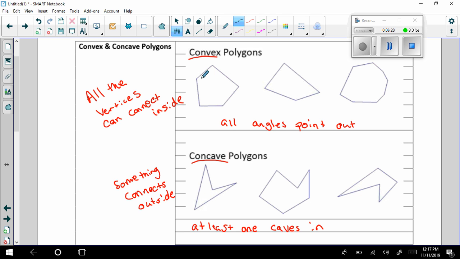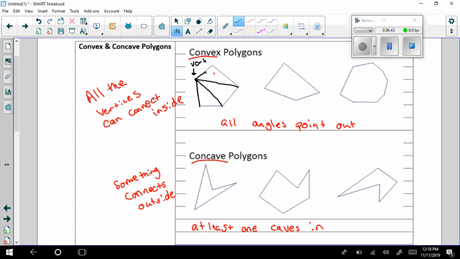So what I mean by that is if we were to pick a point, anyone, this is a vertex, okay, vertex of an angle where it bends, we could draw a line from there to every other vertex in our shape inside the shape. All right, we can do that with all of them.